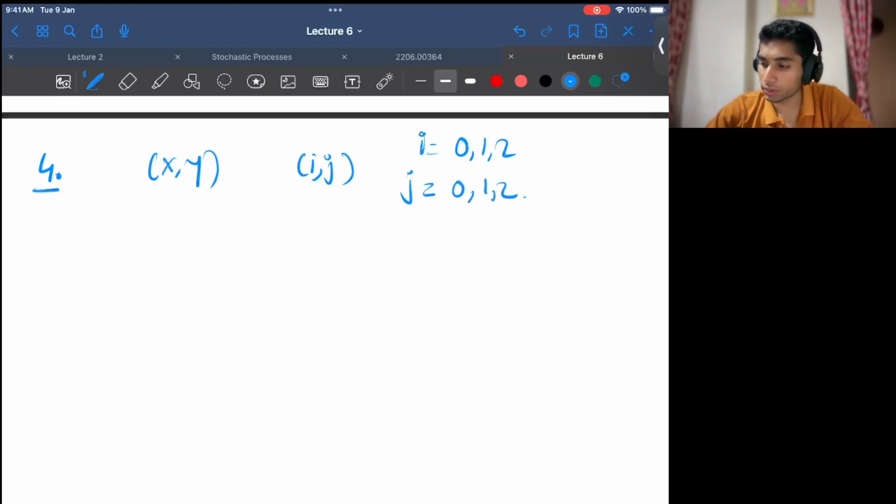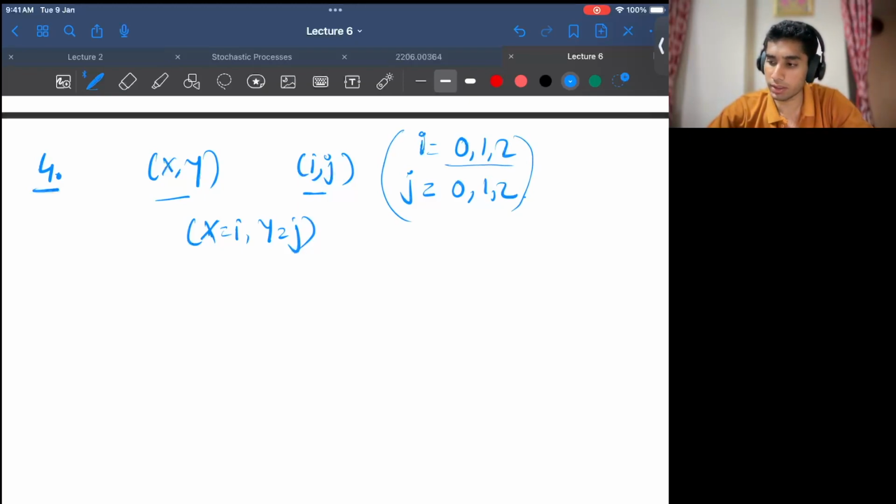So x comma y can take the values of the form x equal to i and y equal to j. These are the kind of values that these random variables can take, and it is also given to you that the possible values that i can assume are 0, 1, 2, and j can assume are 0, 1, 2 again.